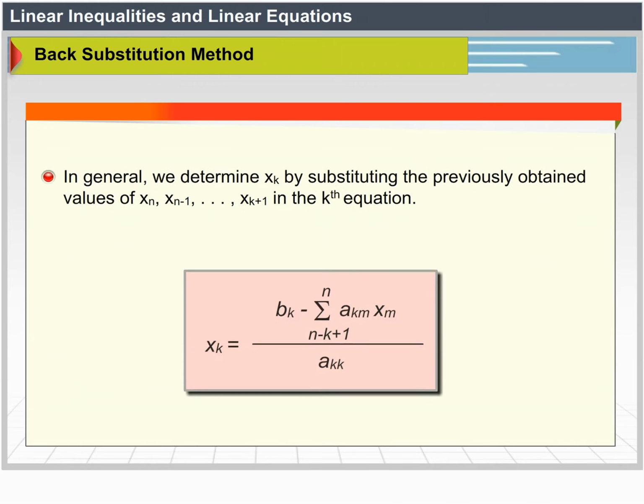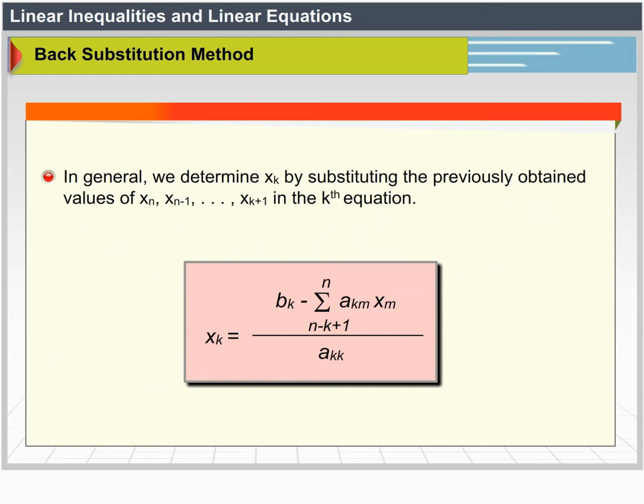In general, we determine xk by substituting the previously obtained values of xn, xn minus 1, up to xk plus 1 in the kth equation. xk is equal to bk minus the summation from m equals k plus 1 to n of akm xm, divided by akk.